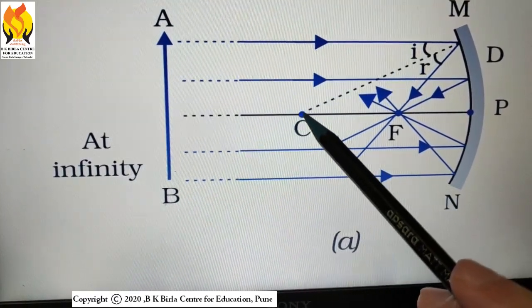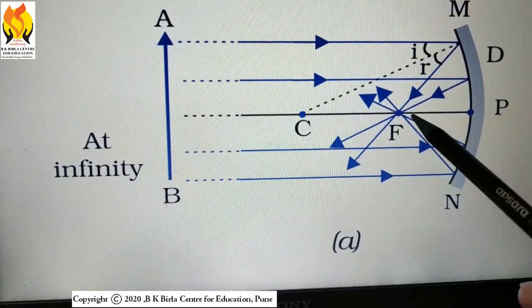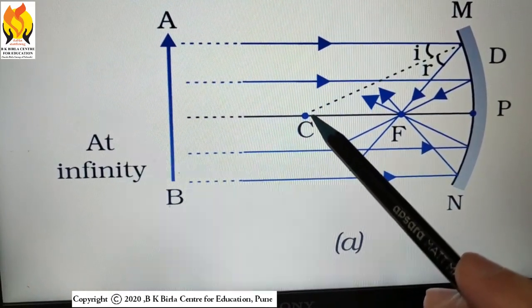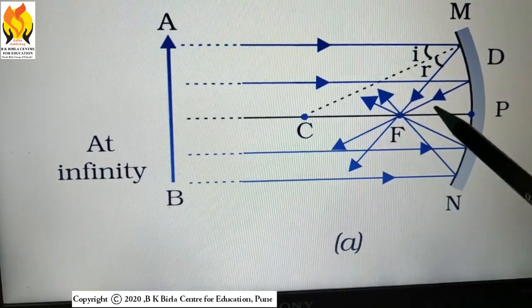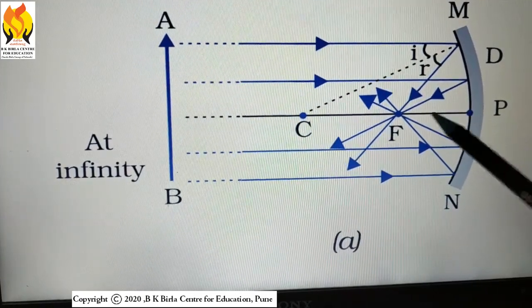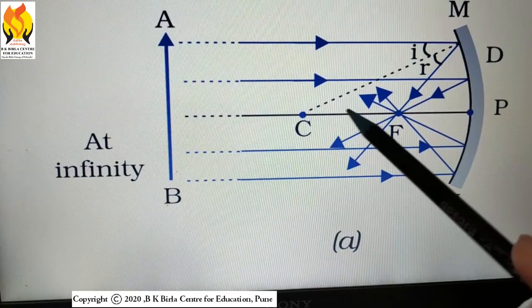So this distance from C to P is the radius of curvature, and the radius of curvature is 2 times the focal length, because this is the focal length from P to F, and this distance is also equal to CF.